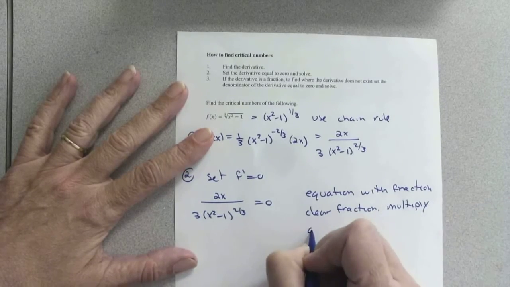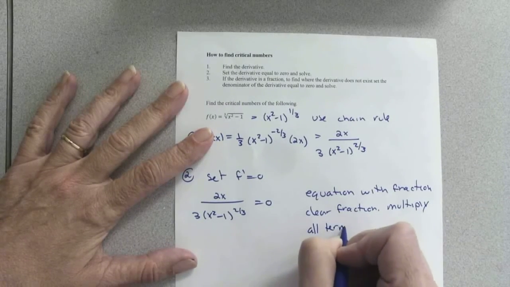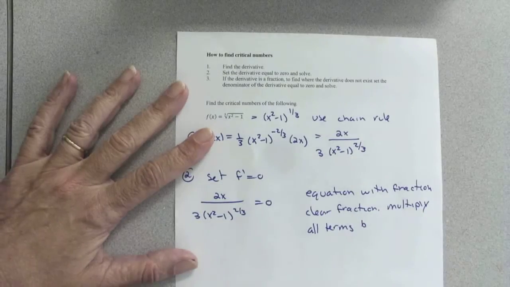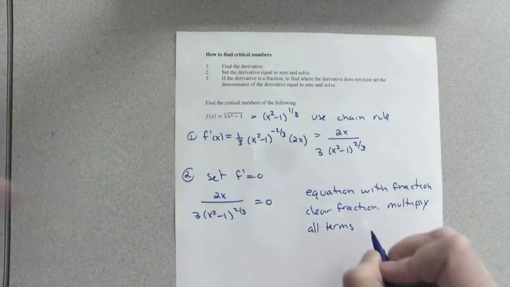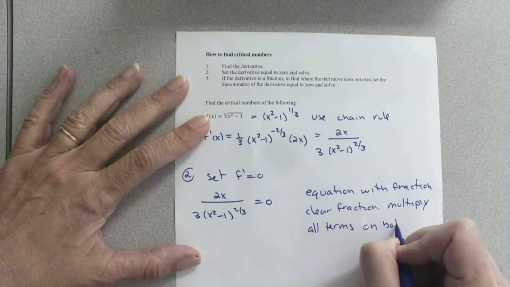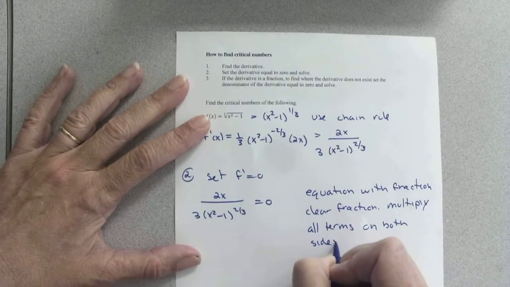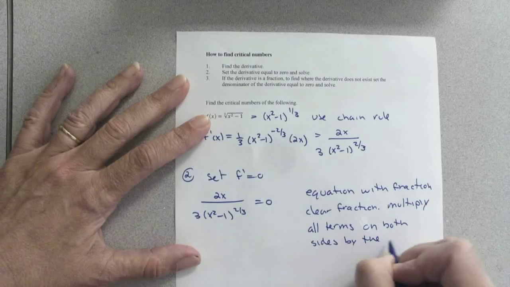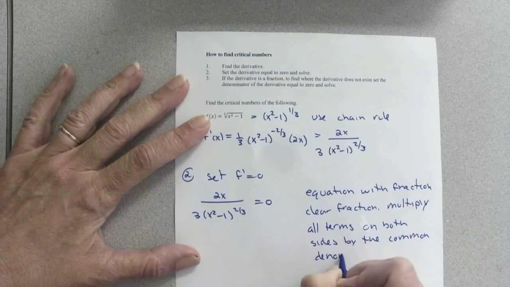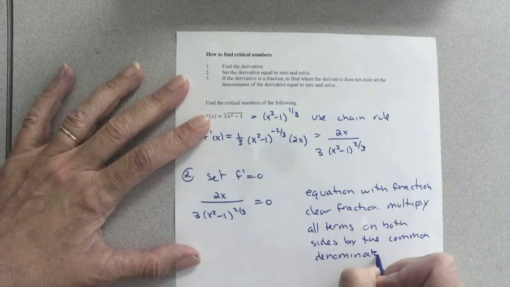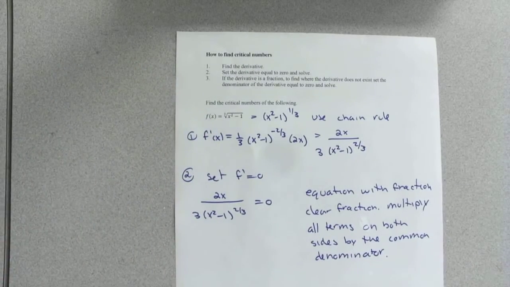Multiply all terms on both sides by the common denominator. Equations with fractions, clear the fractions.